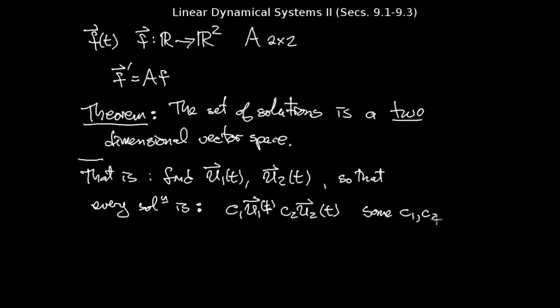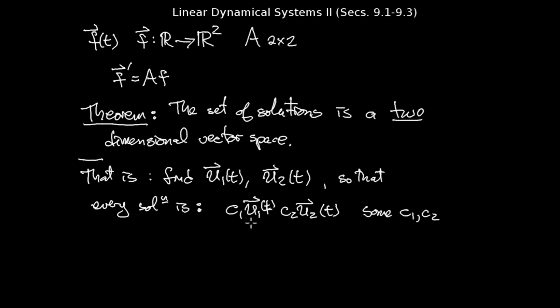I did a bunch of examples last time that worked this way, and I'm just saying this is a general fact. There's always two linearly independent solutions, such that every solution is a linear combination of the two of them.